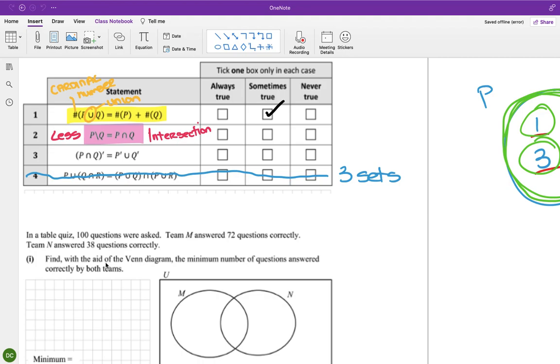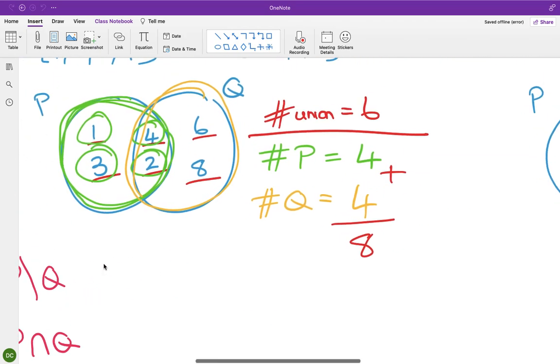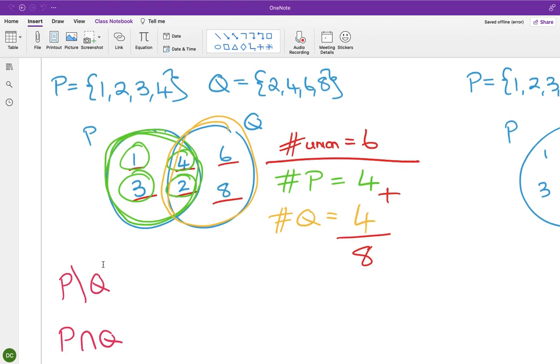Using the numbers here, or the set, what's P less Q? Just P, and then take Q away. So it's 1 and 3.